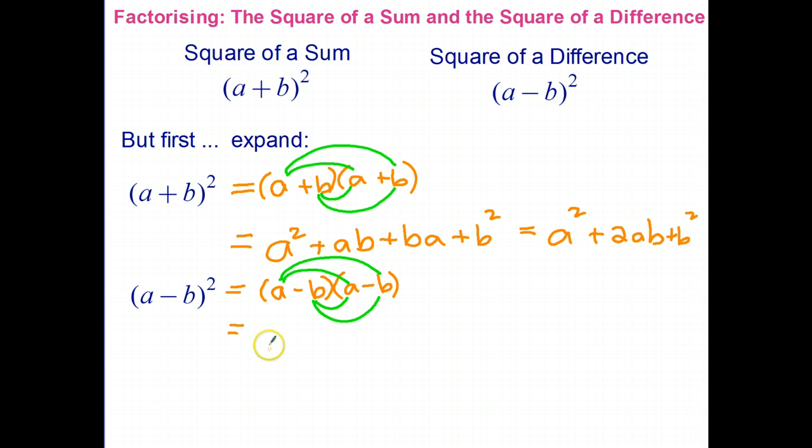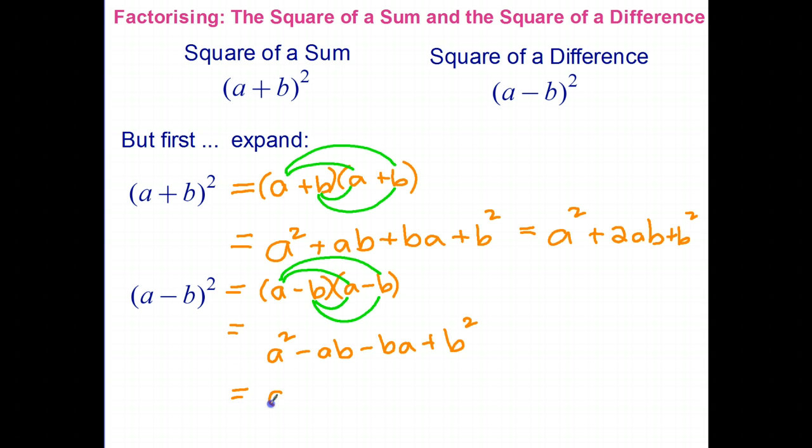So a times a is a squared, minus ab, minus ba, and minus b times minus b is plus b squared. By the way, that's a common mistake students make when expanding: they see the minus and want to write the minus or the subtraction.